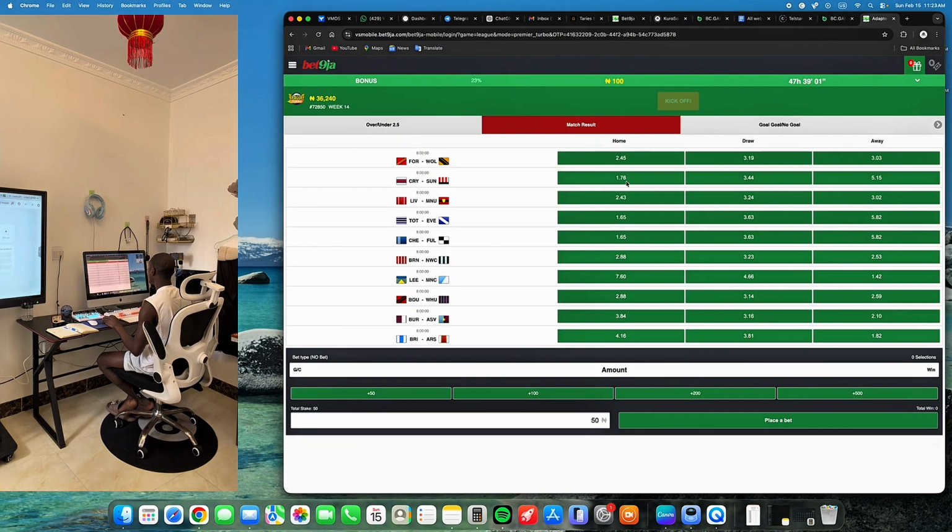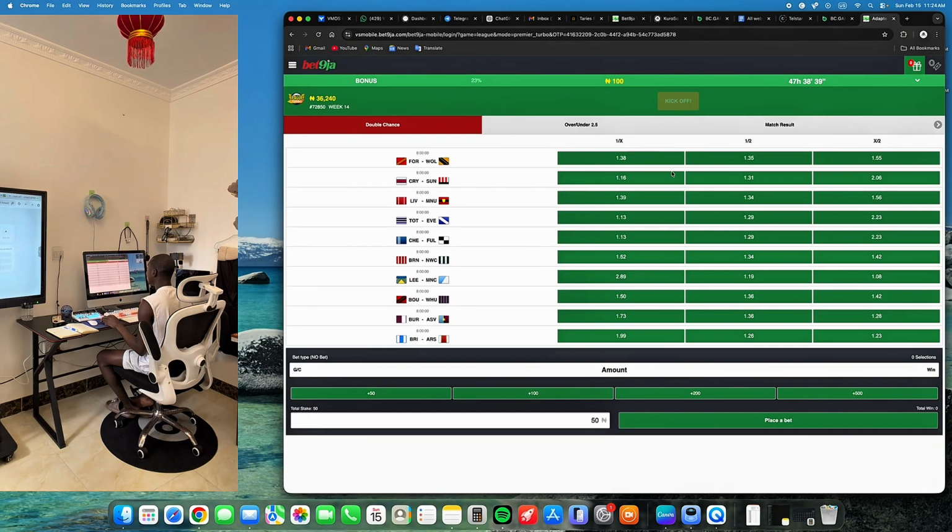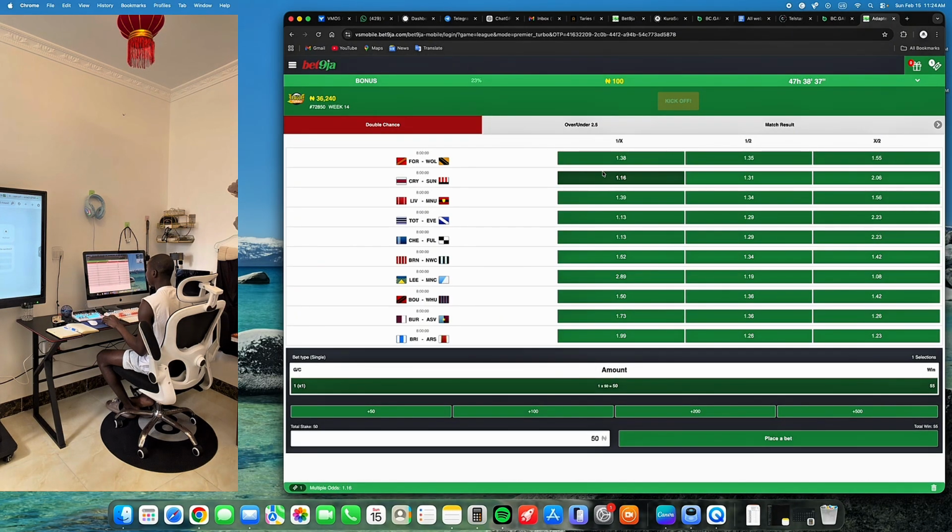Then if you play double chance, at least even if it draws, because the chances that it's going to draw are even higher than for Sunderland to win, it's better you play this team home to win or draw. But then the odd for win or draw is too low for you to play only this one, so it's best for accumulating.